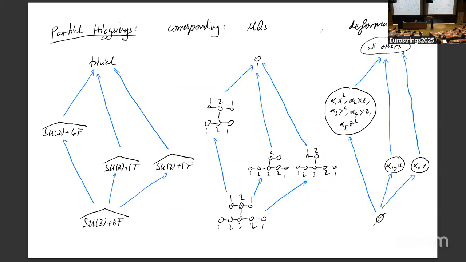So over here, we have the theory SU(3) with 6 flavors at infinite coupling. And it can be Higgsed to either SU(2) with 4 flavors at infinite coupling, or to SU(2) with 5 flavors at infinite coupling, or inequivalently to another SU(2) with 5 flavors at infinite coupling. And these all can be further Higgsed, and then we reach a trivial theory, which means just 3 hypers.